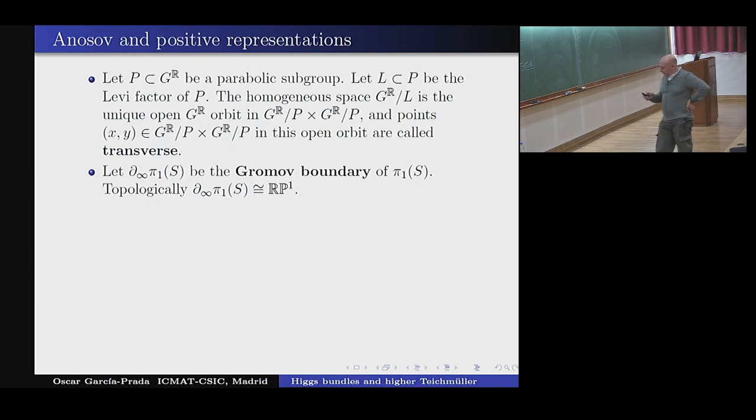So let me now explain a little bit about this notion of positive representation, and be kind to me because this is not my approach, and so my expertise on it is quite limited, but I hope to convey some of the ideas.